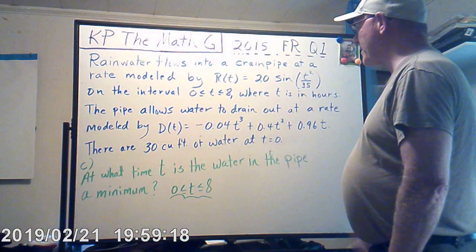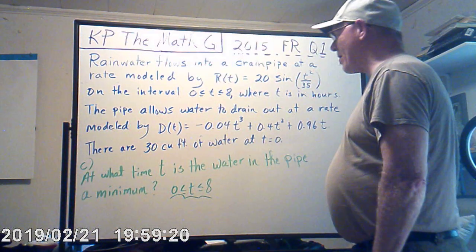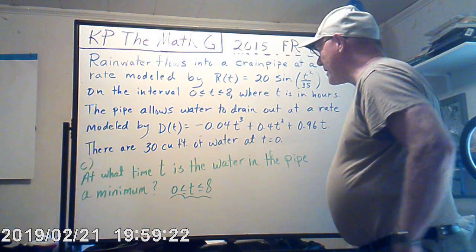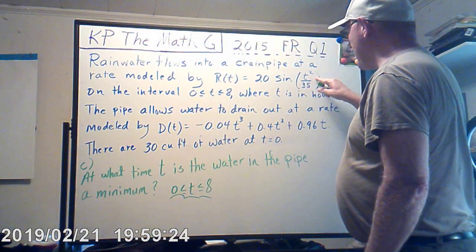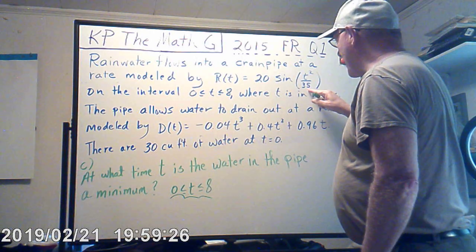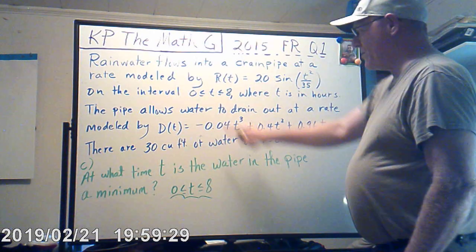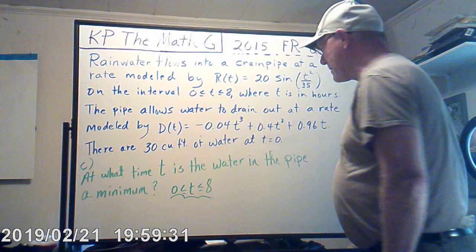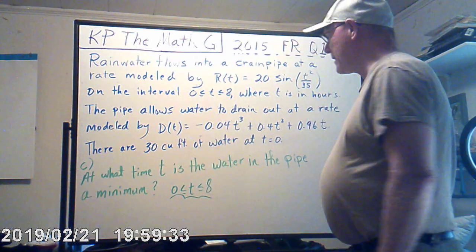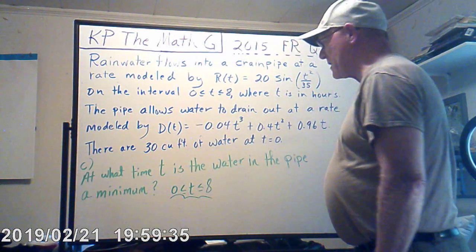Rainwater flows into a drain pipe at a rate modeled by R of T equals 20 sine of T squared over 35, on the interval T between 0 and 8, including 0 and 8, where T is in hours.